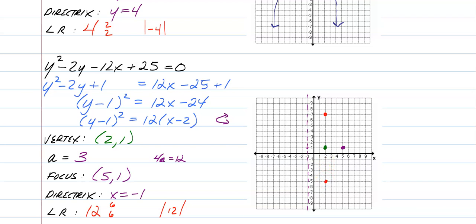And I plotted those on the wrong spot because you're supposed to do it at the focus. So 6 up and 6 down. And now your graph is going to look like this. Big old parabola opening to the right.